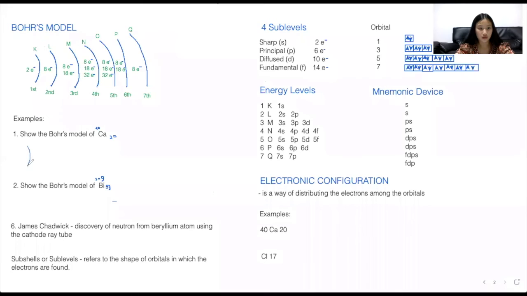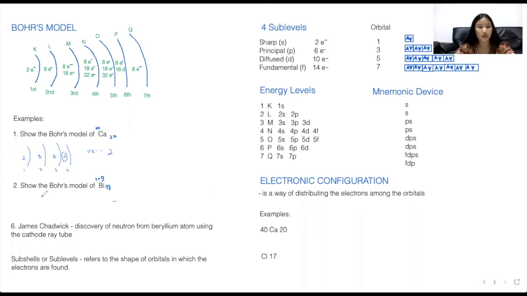So let us draw 2 electrons for the first shell, 8 electrons for the second shell, 8 electrons for the third shell, and 2 electrons for the fourth shell. The valence electron is the electron in the outermost shell, which is 2 for calcium. So the valence electron for Ca-20 is 2. Move on.